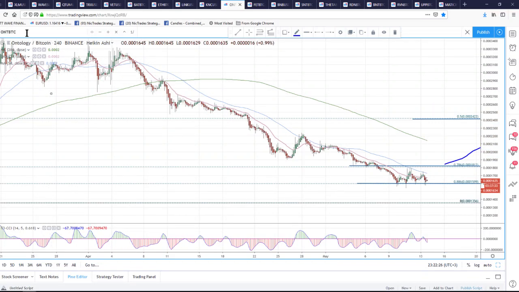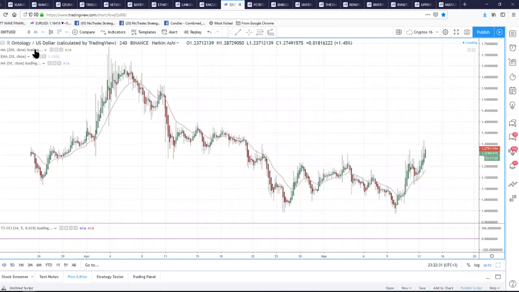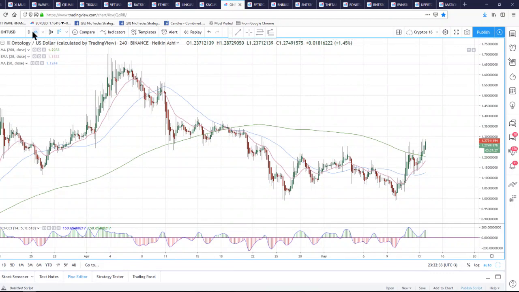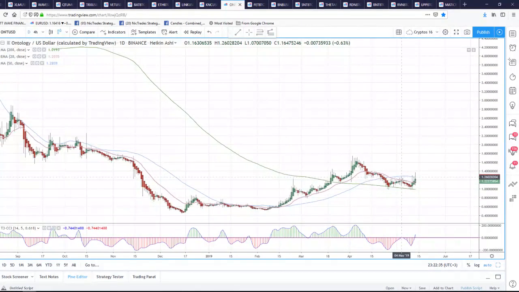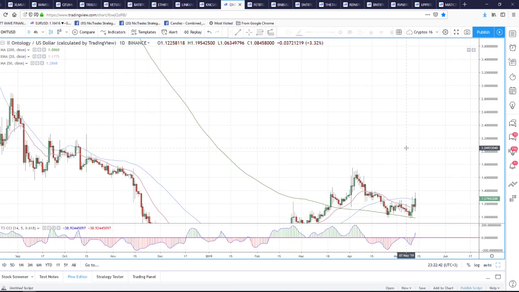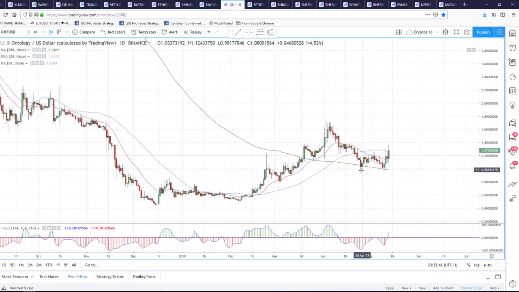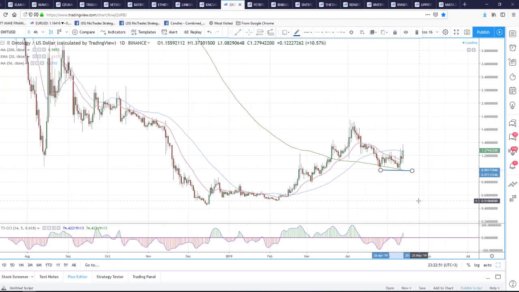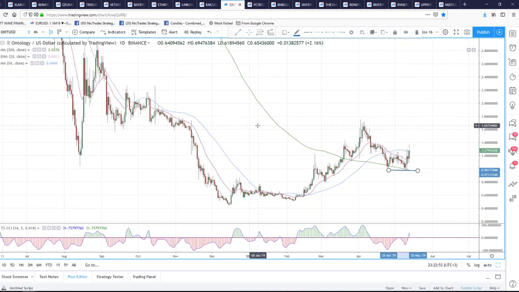That says that if we look at Ontology against US dollar, it should be flying. And it is flying. Very good. Double bottom. Let's put regular candles on. So if this is a little double bottom here, which we've got a double bottom at the 200-day moving average here in Ontology, and we've just broken the middle, so the confirmation level of our double bottom.